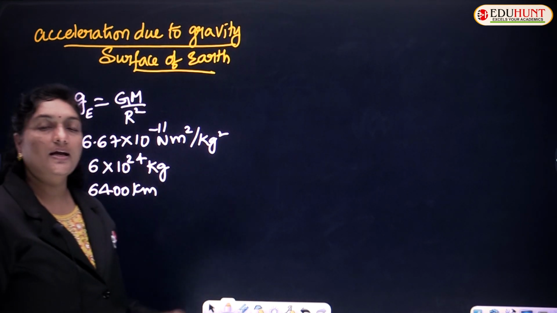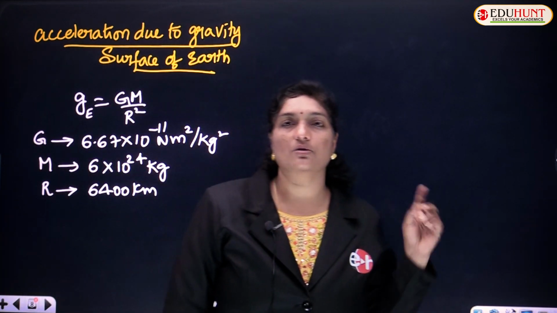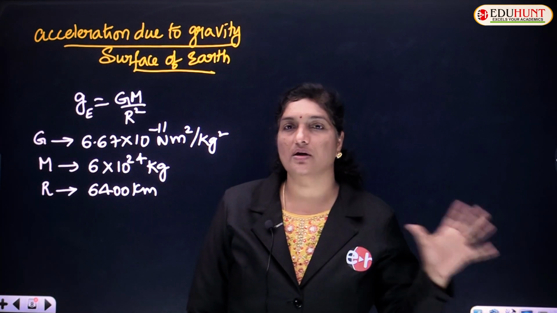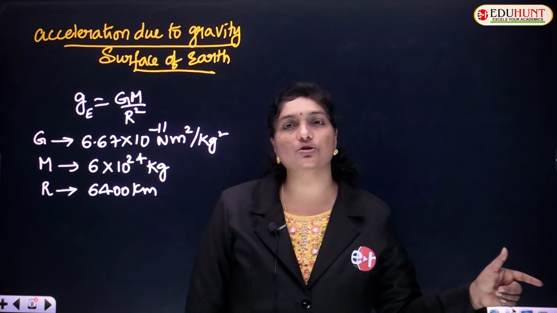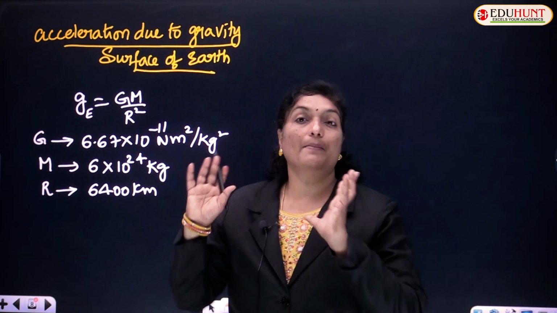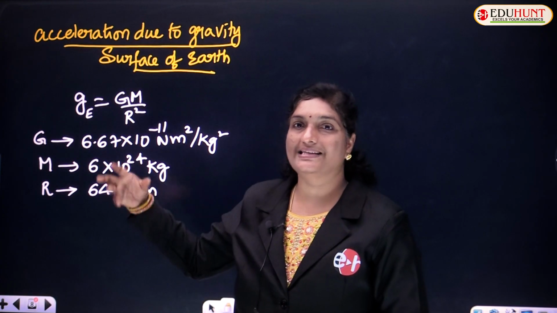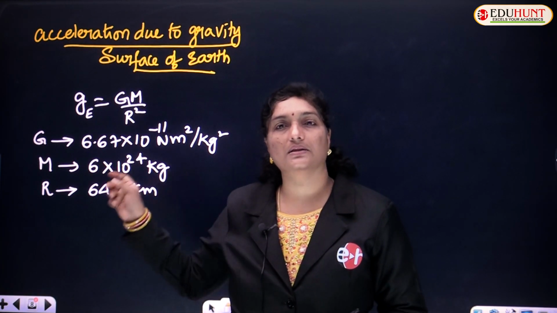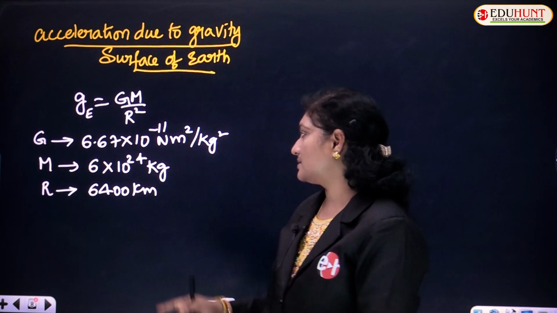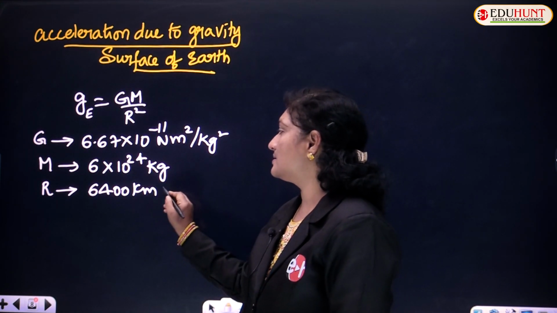Capital G indicates the universal gravitational constant whose value is always constant throughout the universe, and its value is 6.67 into 10 power minus 11 Newton meter square per kg square. The mass of the earth is approximately 6 into 10 power 24 kg, whereas the radius of the earth is 6,400 kilometers. All are in SI system and this is in kilometers.